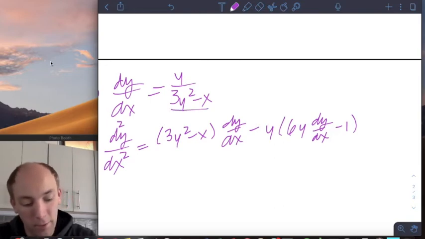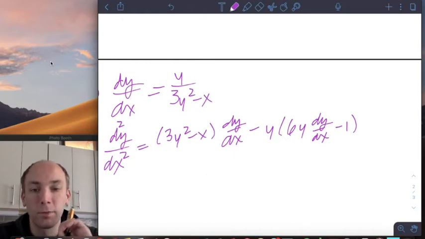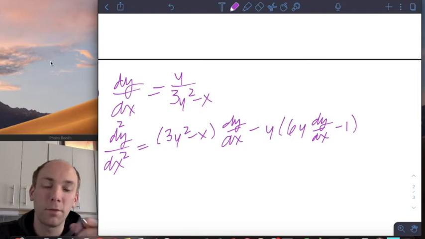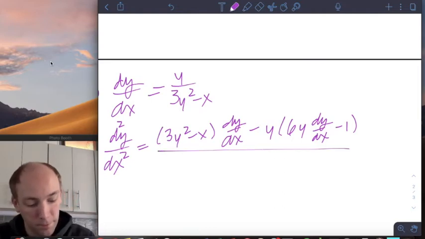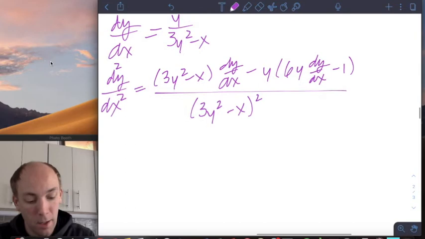When I take the derivative of the denominator, the derivative of the term 3y squared gives the 6y, and then I need to include the dy/dx there. And the derivative of minus x would be minus 1. All over low squared.